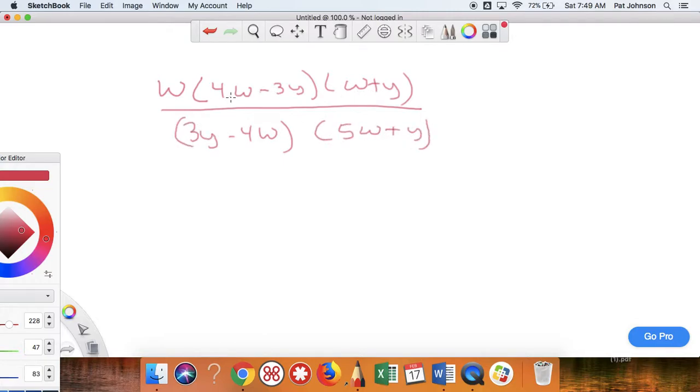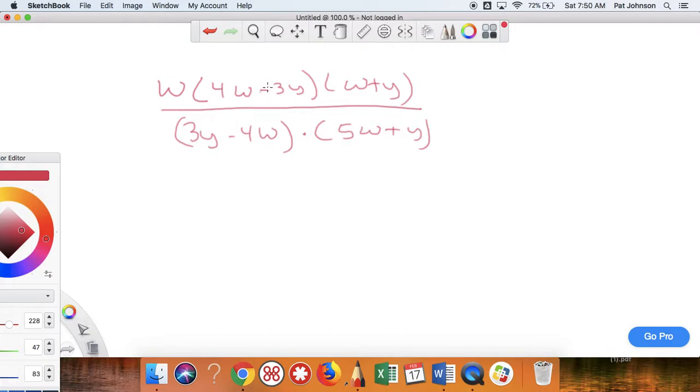So I've got 3 factors in the numerator, 2 in the denominator. But none of them are exactly the same. But these 2 are similar. They're different by their signs, which are exact opposite for both terms. So I can factor out a negative.